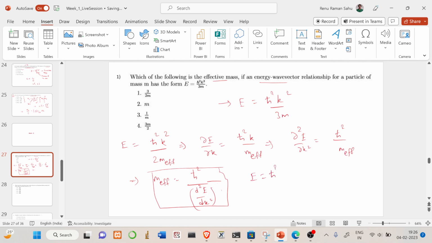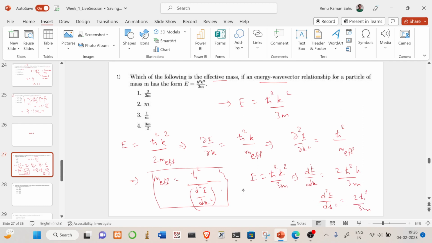So E equal to ħ²k² over 3m implies dE/dk equals 2ħ²k over 3m, and if we differentiate again, d²E/dk² equals 2ħ² over 3m.